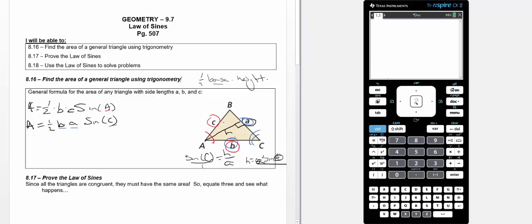So in general, when you do this, you end up with this pattern: the area of a triangle is 1/2 times a side times a side times the sine of the included angle.